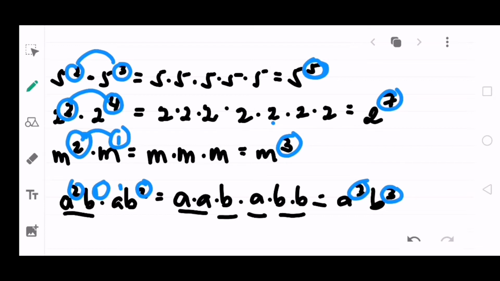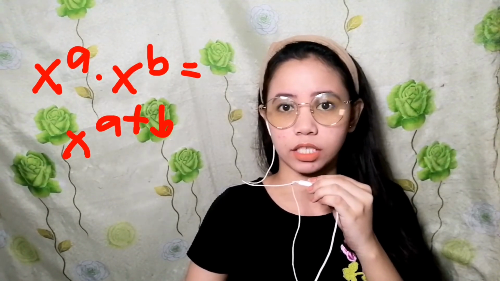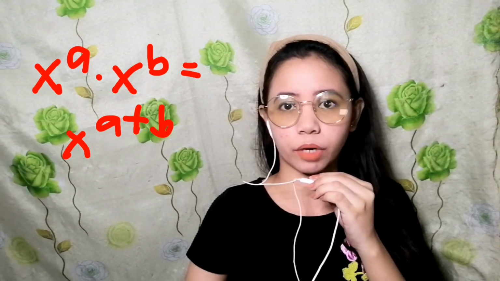Therefore, that idea of getting the sum of the exponents of the same base is true for any case. That summarizes what we so-called the product rule. In general, the product rule states that when we are multiplying expressions with the same base, we just simply copy the common base and then raise it to the sum of the exponents of the given expressions.